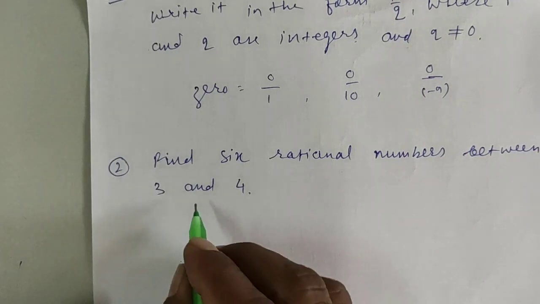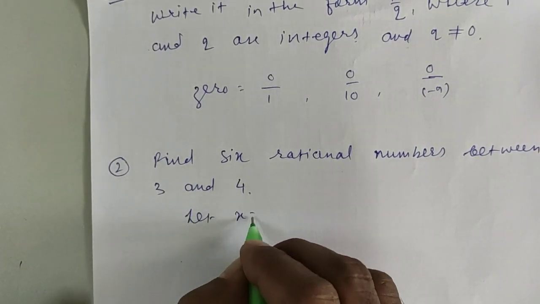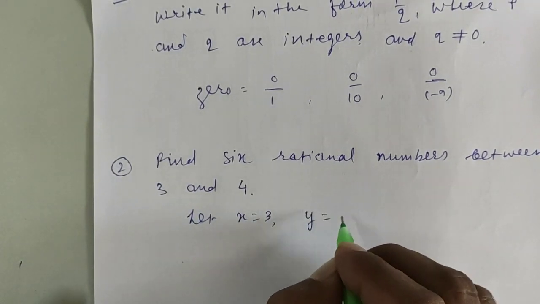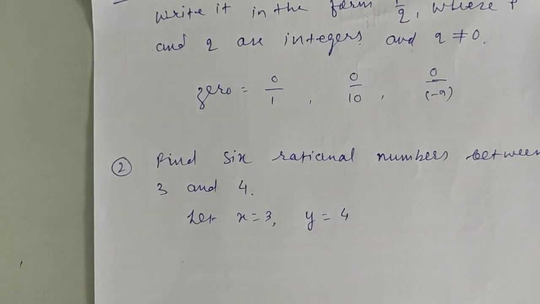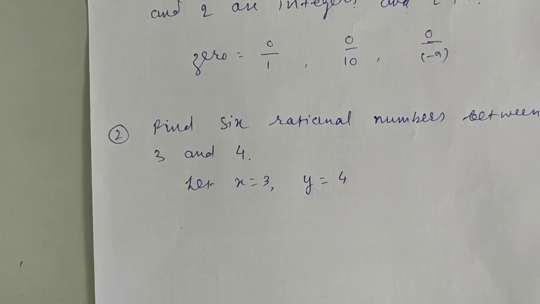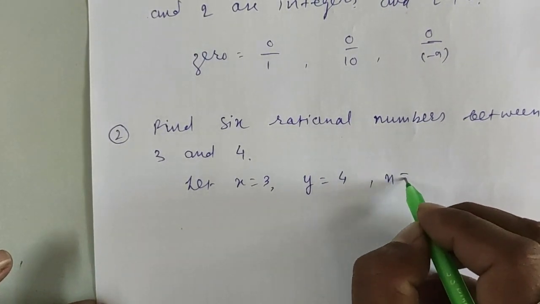Let x is equal to 3, y is equal to 4. Find out d. n is equal to 6.